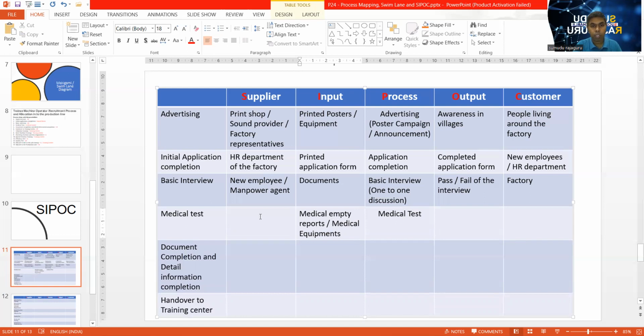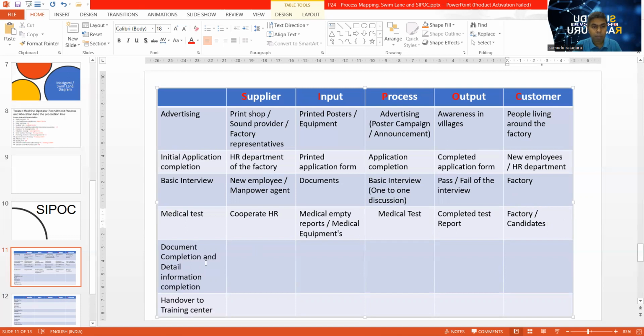Then who is the supplier? Maybe corporate HR. Then what is the output? Completed test report. Who are the customers? That is also the factory. Sometimes we can also put the candidates, because we give that test report to the candidates.